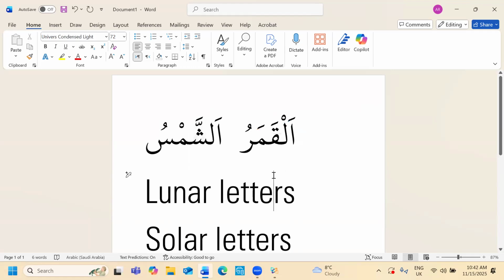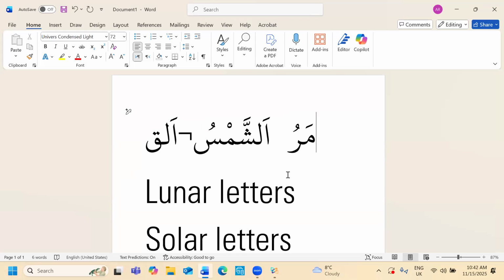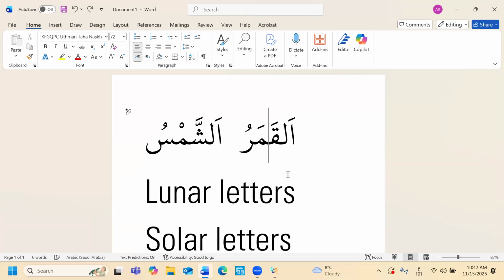So how do I know whether it's going to be al-qamar and not al-qamaru? How do I know that this is incorrect versus that? You have to learn which letters are lunar and which letters are solar.